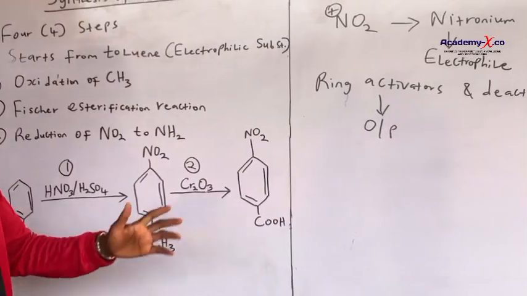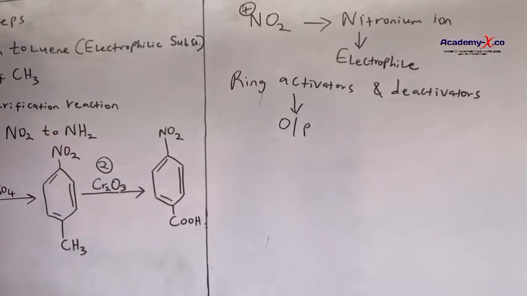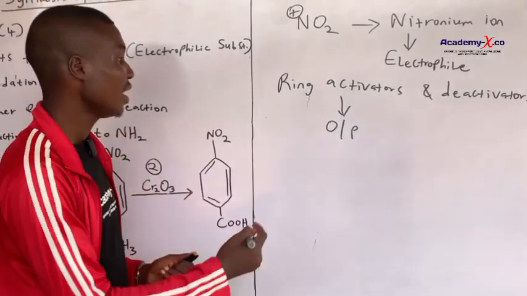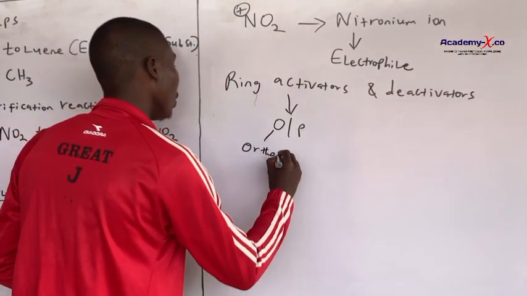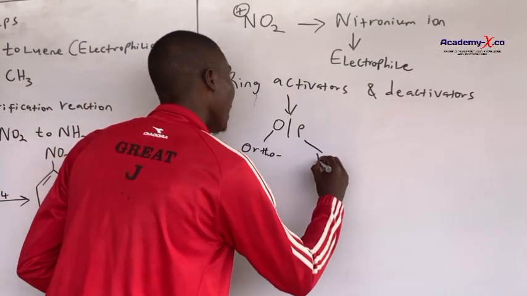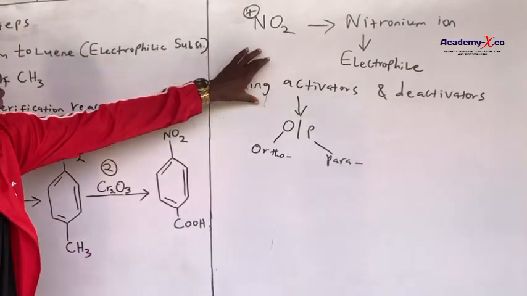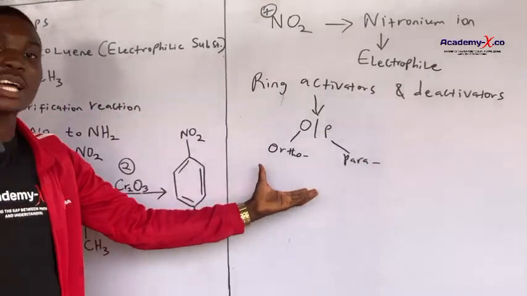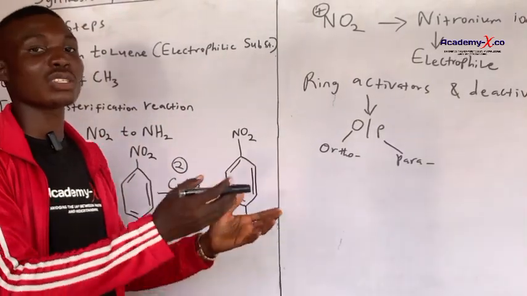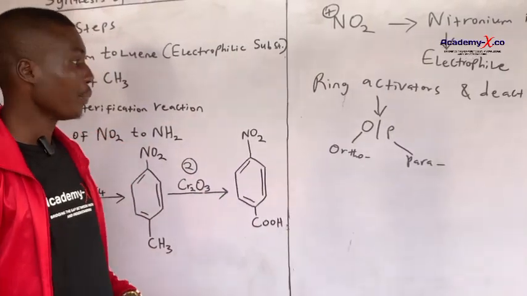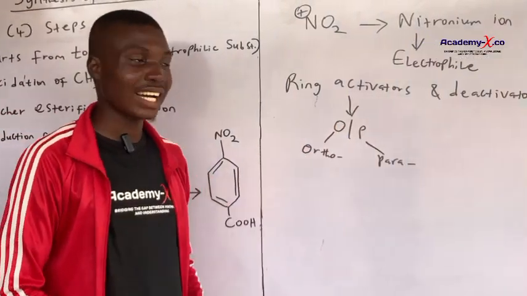So ring activators are substituents on the benzene ring that direct substituents either to the ortho, so O is ortho, or the para position. We also call ring activators ortho/para directing. You can write ortho/para directing substituents on the benzene ring. Those are the ones that are referred to as ring activators.